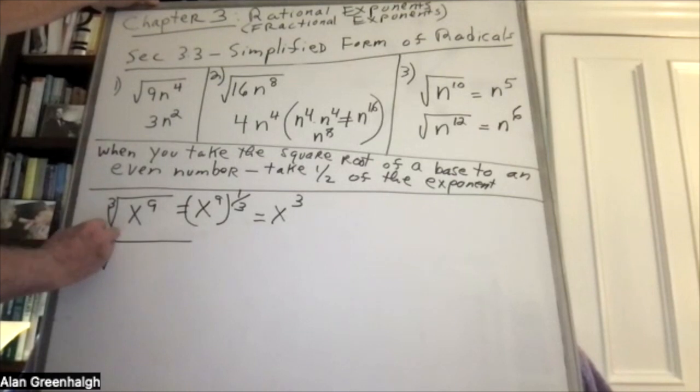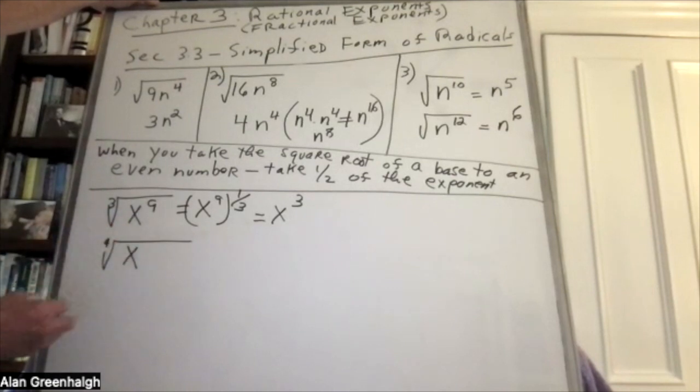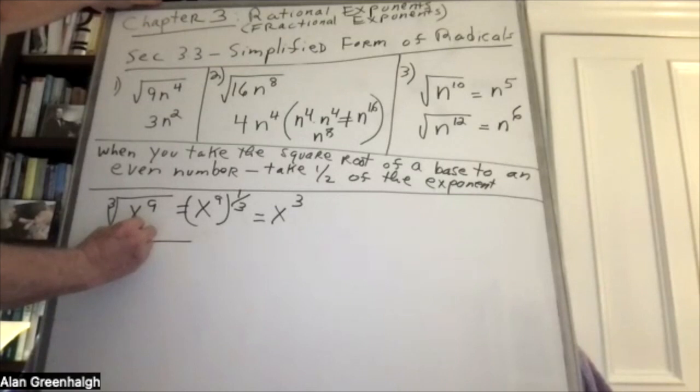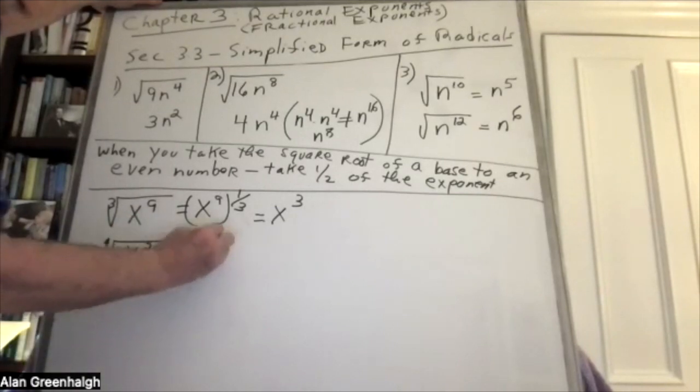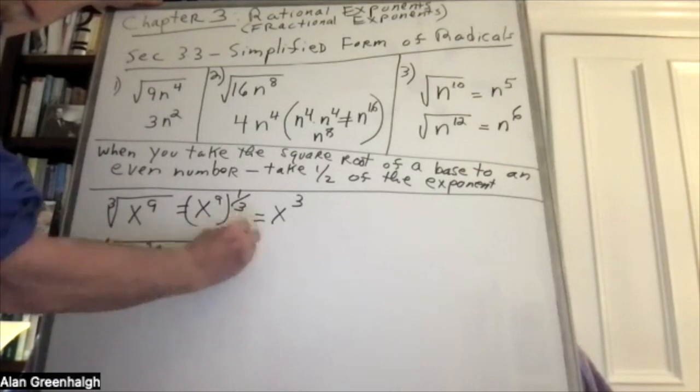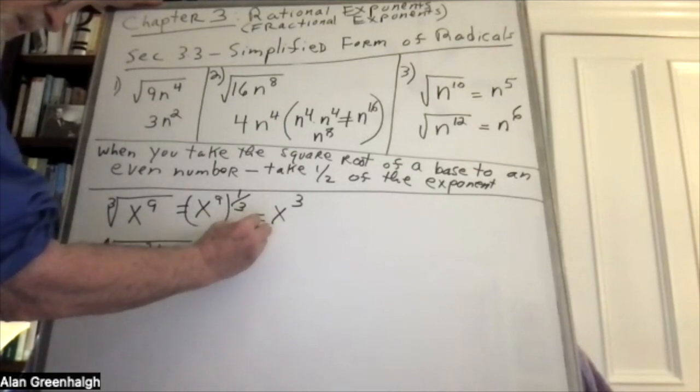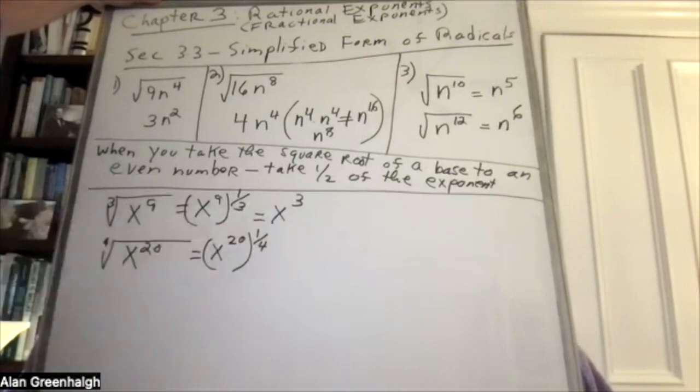The fourth root of x to the 20th is the same thing as x to the 20th to the 1/4.